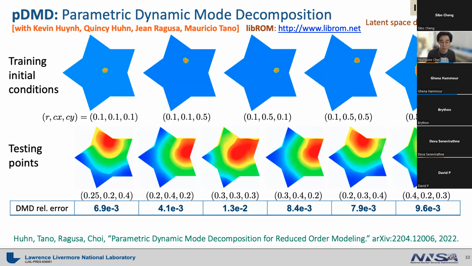By following the same procedure of generating training data and building DMD, it has been tested for several points which were not used in the training sets. As you can see, the DMD was able to predict the solution quite accurately, with a relative error of less than 1%.